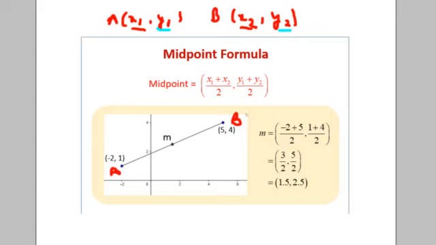For example, if we take point A as (-2, 1) and B as (5, 4), here -2 is x1 and 5 is x2. Similarly, 1 is y1 and 4 is y2.